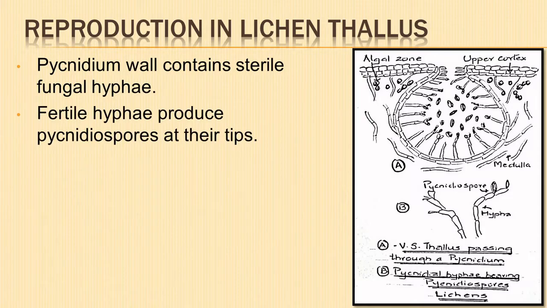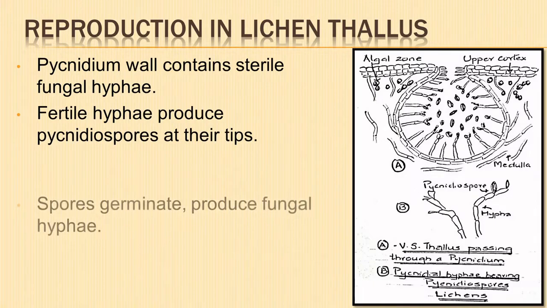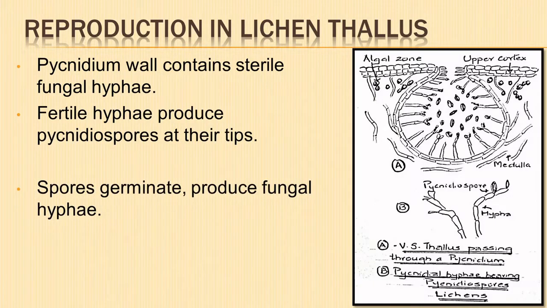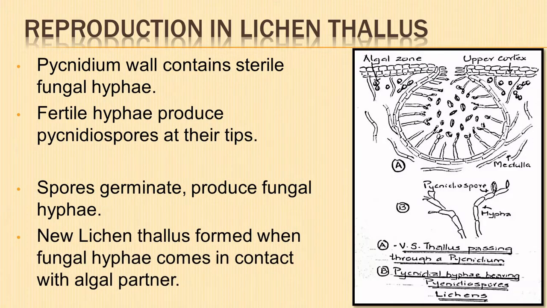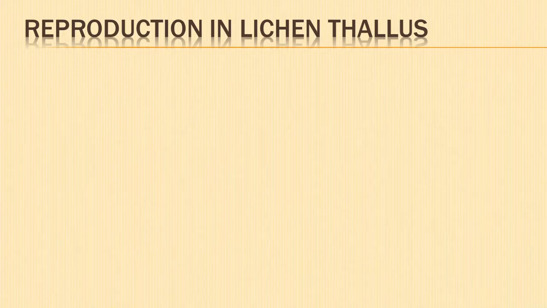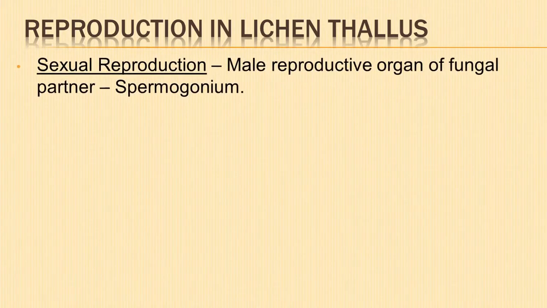From the wall arise fertile hyphae which produce asexual spores, pycnidiospores, at their tips. These spores on germination produce the fungal hyphae which form new lichens if they come in contact with their algal partner.